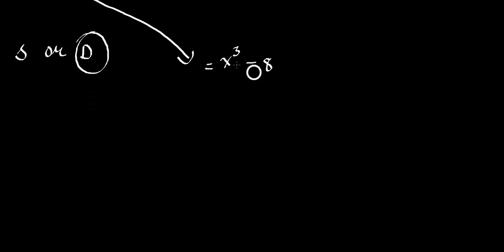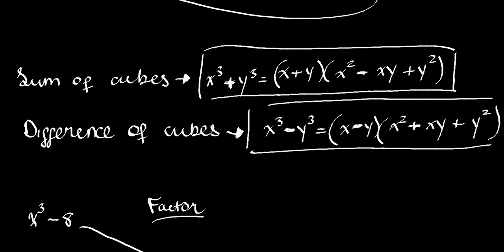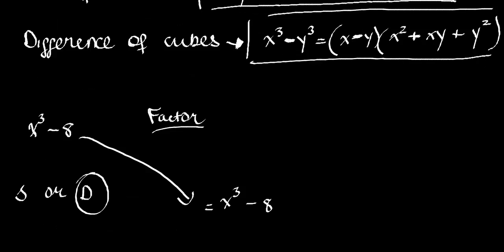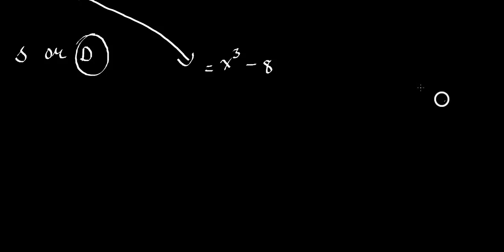Okay, so what do we have to do now? Well, our rule says that we take each term and we cube root it. And I'm not going to refer back there anymore. I'm going to show you easy steps. So you take each term literally and you cube root it.